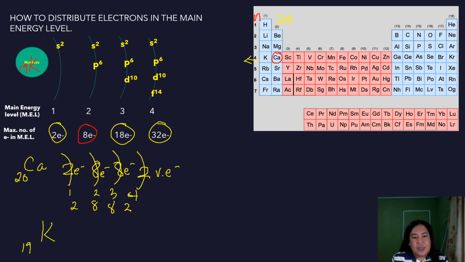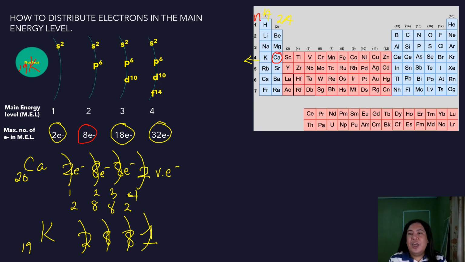So, next. Let's have this example, potassium. Potassium is 19. Potassium belongs to period 4 also. So, 4. Okay? So, we all know that potassium belongs to group 1A. So, ang valence electron niya is 1. So, ang dulo niya 1. Okay? 2. The second main energy level is 8. And then this is 8. So, that is 19.